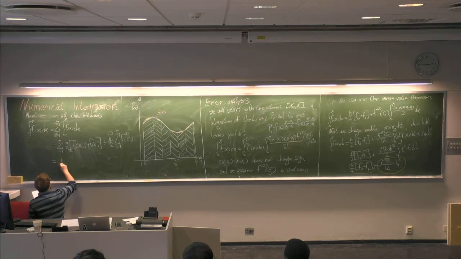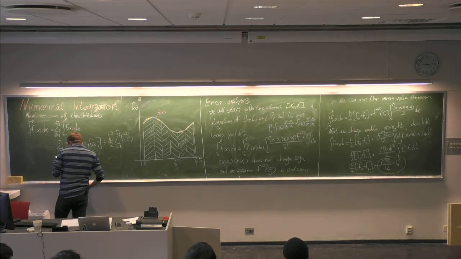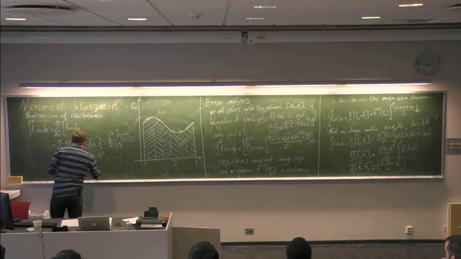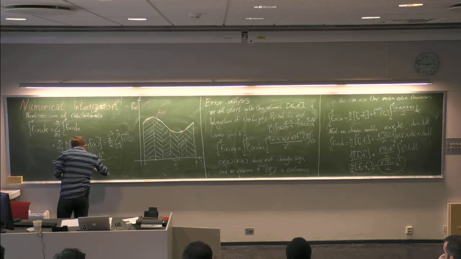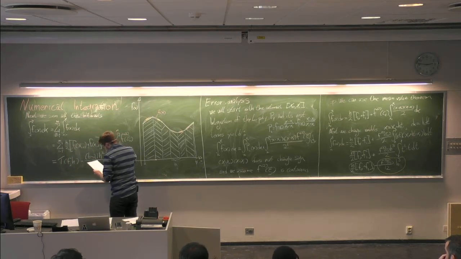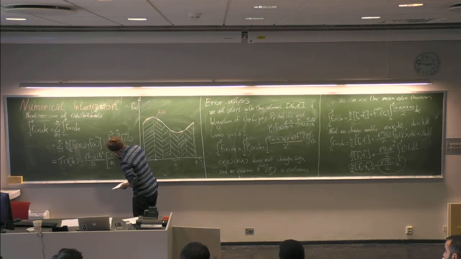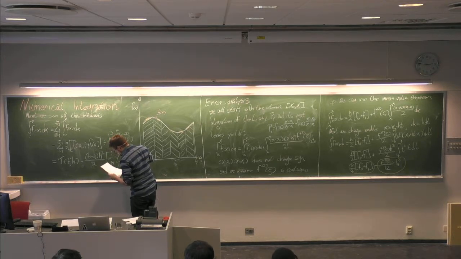Which leaves us with the trapezoidal rule T f of h minus (b minus a) times h squared over 12, over the number of subintervals, sum i equals 1 to m of f of c_i.